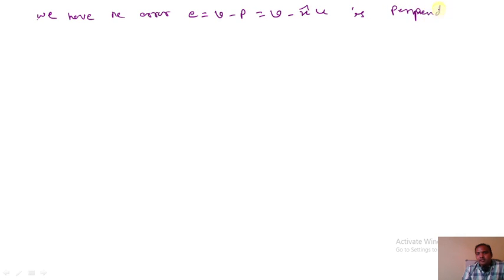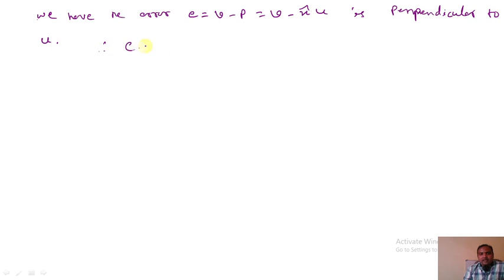Now see, we have the error e equal to v minus p, where p is x hat u. This e is perpendicular to u. If two vectors are perpendicular, the dot product is 0.